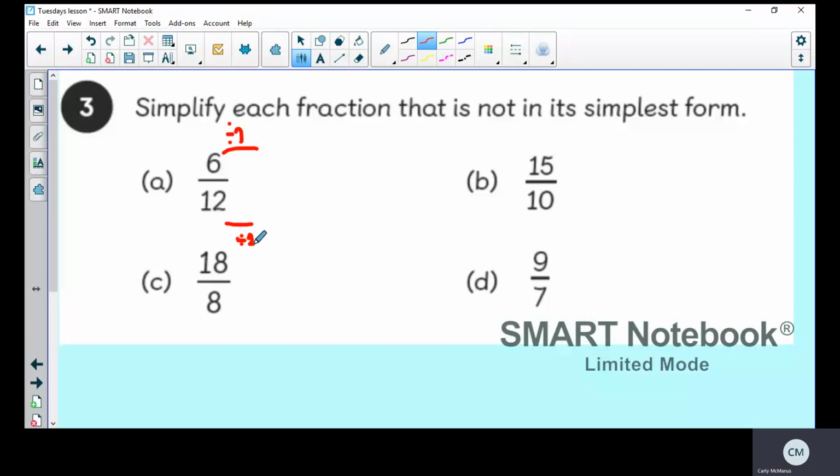No. Does 6? Yes. 6 goes into 6, and then 6 also goes into 12. So we are dividing each part by 6. How many 6's go into 6? 1. And how many 6's go into 12? 6, 12, 2. So that needs to be simplified, and then you just do the same for the improper fractions like I showed you on the previous slide.